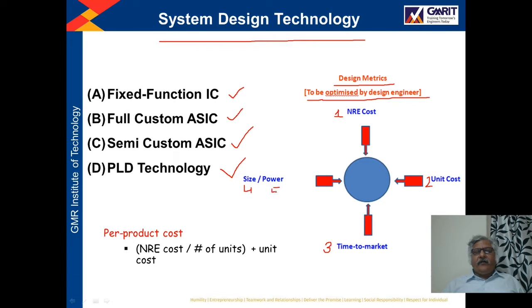This is the power consumption of the system. Apart from these design metrics, there are a few other design metrics also, for example, the security of the design and maintainability. So there are many design metrics which have to be optimized by the design engineer.